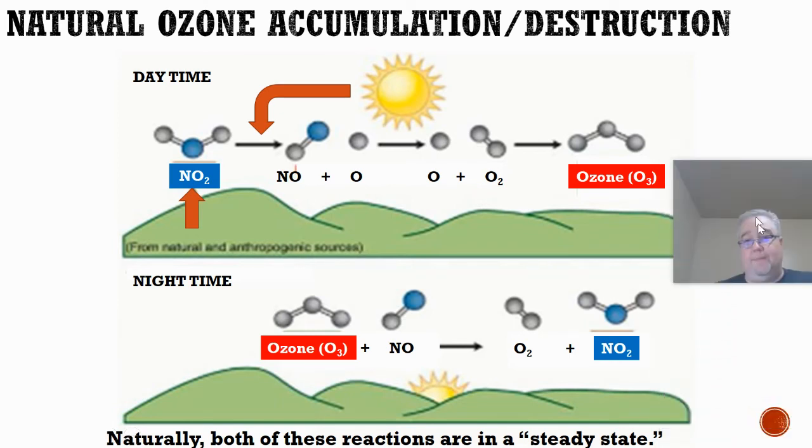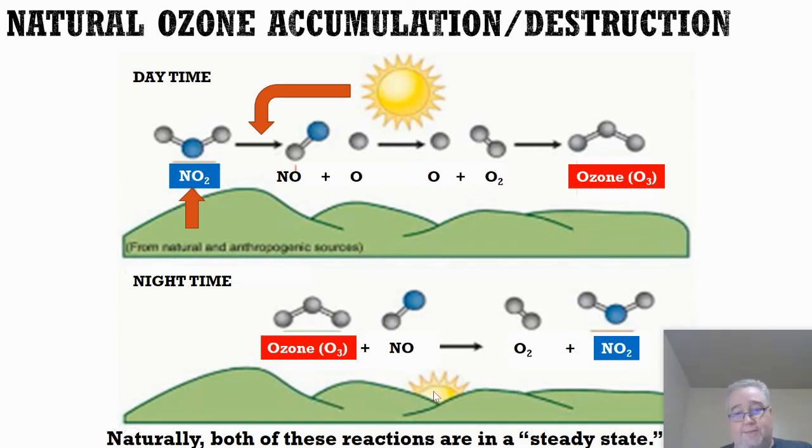Now we're at nighttime. So our sun is disappearing over the horizon. But at nighttime, I want you to notice what happens. This ozone here is the same ozone that formed during the daytime. This ozone now is going to go through a chemical reaction as well.